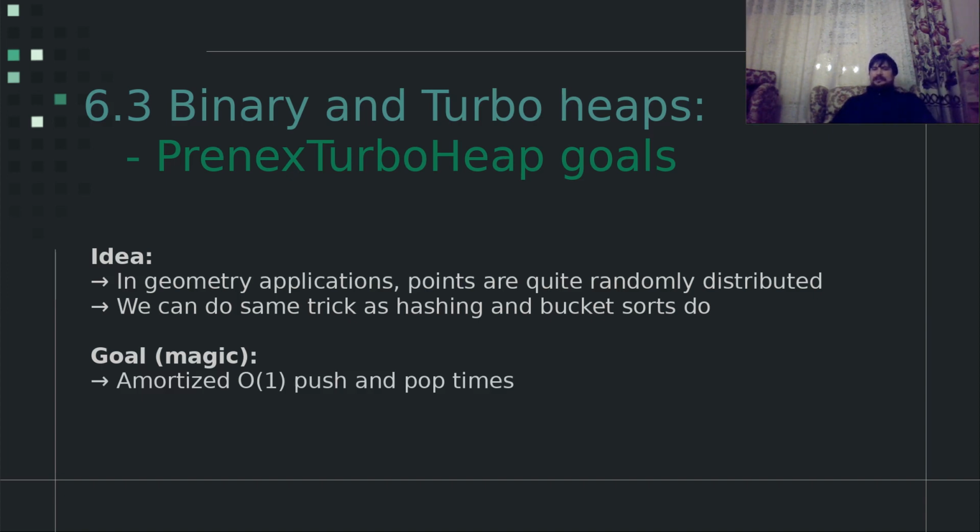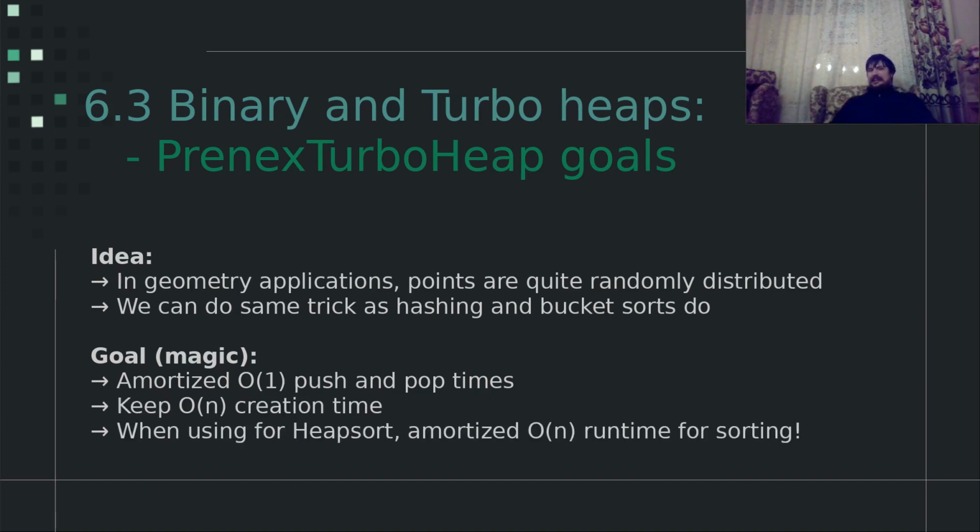So the goal, the magic goal. This goal is sounding magical. It is amortized constant push and pop times, while keeping linear creation time. And if you put those two together, when we are using that for heap sort, we are basically sorting data in amortized linear runtime. That might surprise some of you, because some of you might have heard that it's proven that you cannot sort data faster than big O n log n, but that's not true, because what has been proven is that you cannot sort data using comparison sorts in that time.